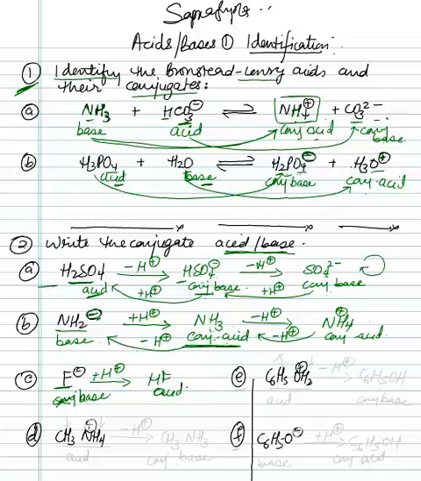Then here we have the next one, where you have CH3NH3 plus. In this case, since this is a plus, I know that I have an acid. Remember, positives are going to be acids and negatives are going to be your bases. So now what you have to do is subtract the hydrogen. It's really important for you to know which hydrogen to subtract because there are two kinds of hydrogens here, one connected to the nitrogen and one connected to carbon.